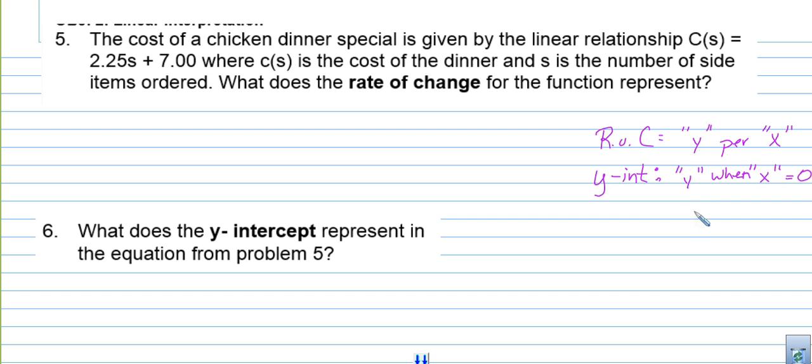When it's 0, or it'll tell you your starting y value, whatever the y is talking about. Like starting, okay? Or sometimes it's a flat fee, or my favorite so far, the down payment.